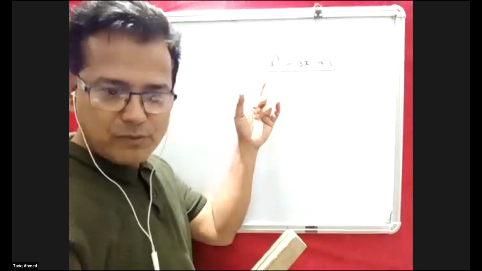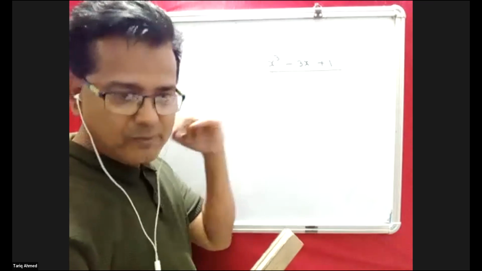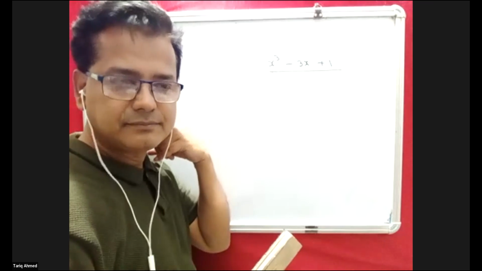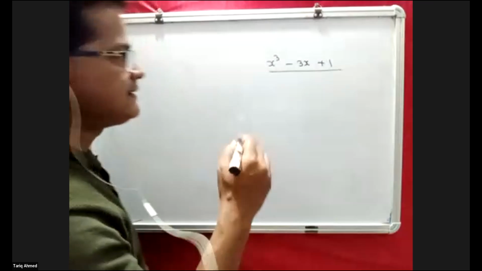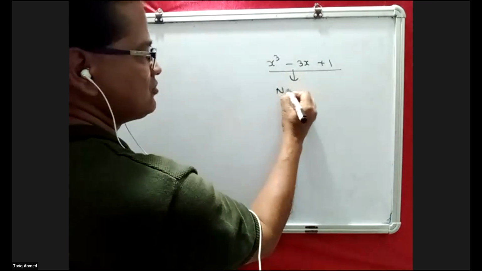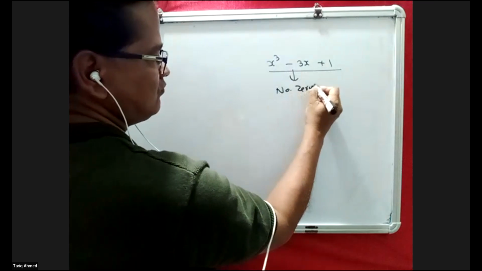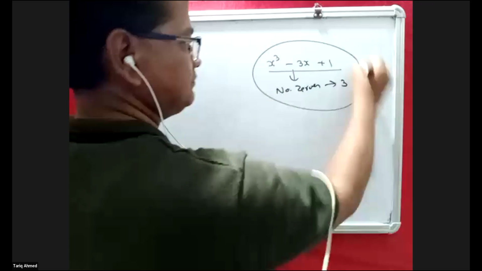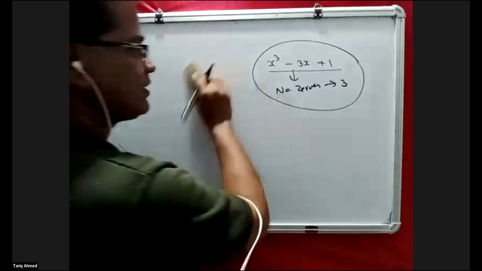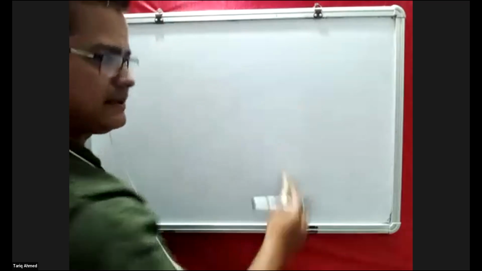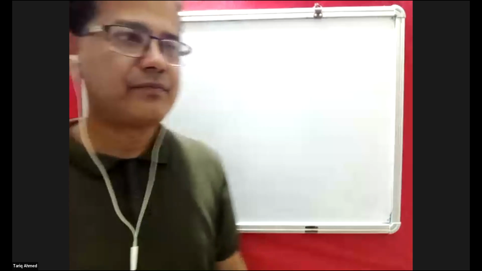So this is a cubic polynomial. So how many zeros will you get? 3 zeros. Its number of zeros would be 3. And then how can we find those zeros? By factorizing this particular polynomial, we can find the zeros.